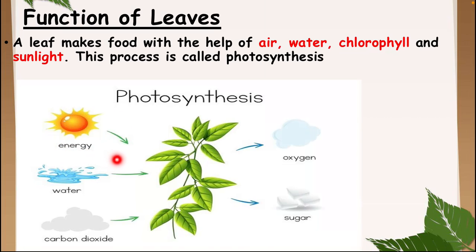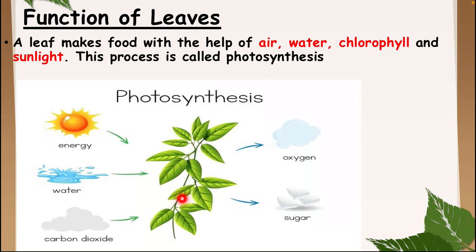The sun starts the first reaction in photosynthesis, which is known as the light dependent process. When the sunlight excites the chlorophyll, the water is split into oxygen and hydrogen, and the oxygen is released into the atmosphere.